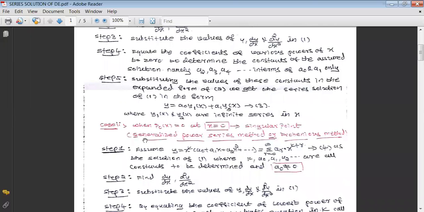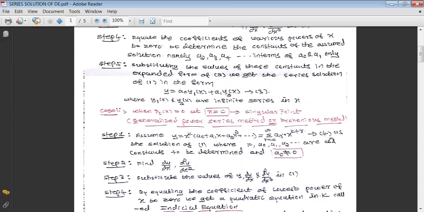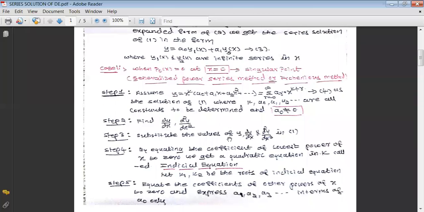Now the method of finding the series solution whenever p0(x) equals 0 at x equal to 0 is called the generalized power series method, or the Frobenius method. Here also we have to follow some steps.